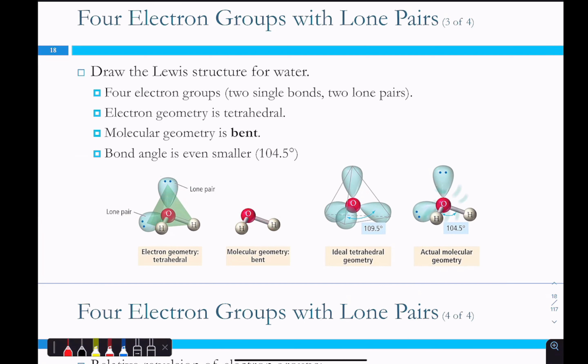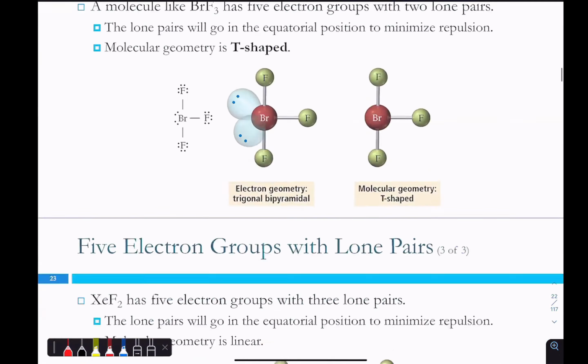It's like this would be if we just had the 2 hydrogens. Wait, do I have 2 lone pairs? Oh no, I don't have 2 lone pairs. I guess I could do it with these. These would be the lone pairs. So, like this, maybe what you're thinking, we've got 2 things that are attached, but these lone pairs also exert an influence. So they force the blue ones down to make the bent shape. So that's what's happening with those.